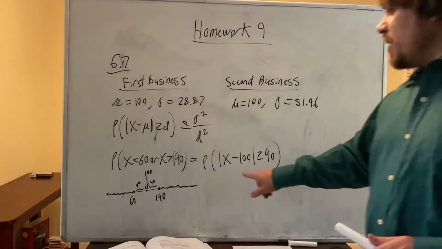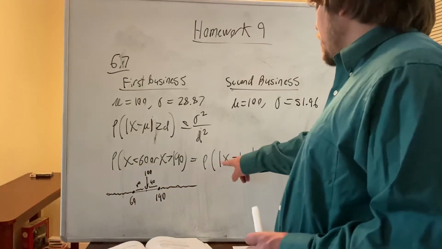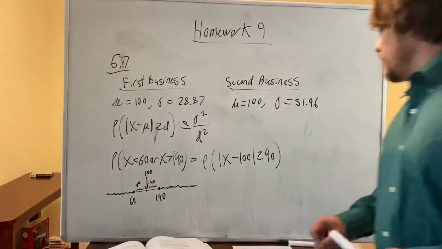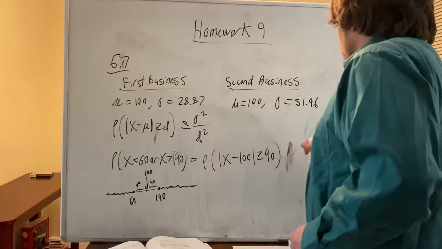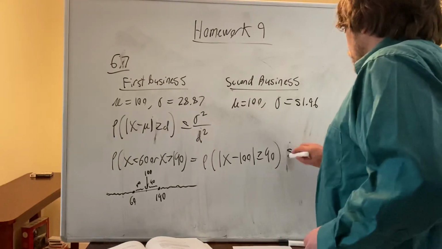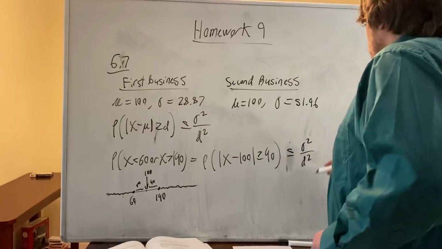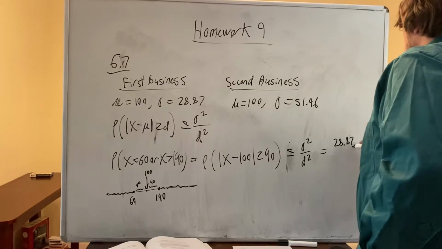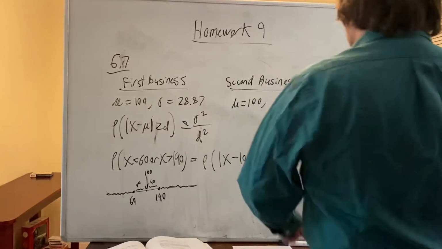So saying X is less than 60 or greater than 140 is the same as saying the absolute value of X minus 100 is greater than or equal to 40. And so by Chebyshev's inequality, this is less than or equal to sigma squared over d squared, which is 28.87 squared divided by d squared, where d is 40, so divided by 40 squared.